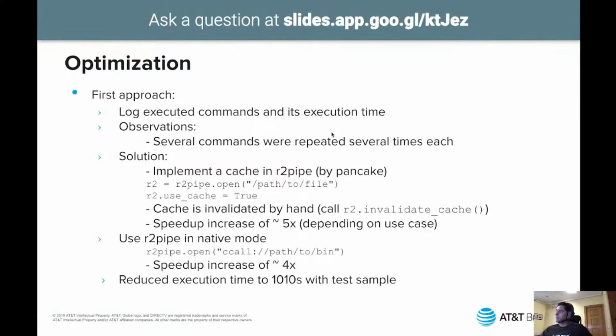Okay, so for optimization, my first approach was to log every command issued to Radare, executed by Radare, and log its execution time and see if there were any kind of commands that were taking longer than others.